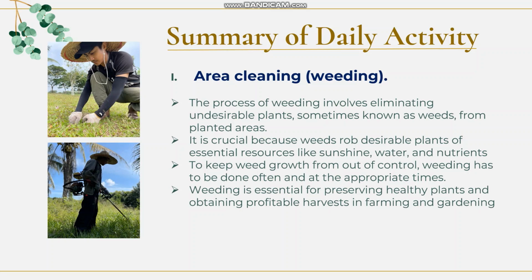To keep weed growth from getting out of control, weeding has to be done often and at the appropriate time. Weeding is essential for preserving healthy plants and obtaining a profitable harvest in farming and gardening.